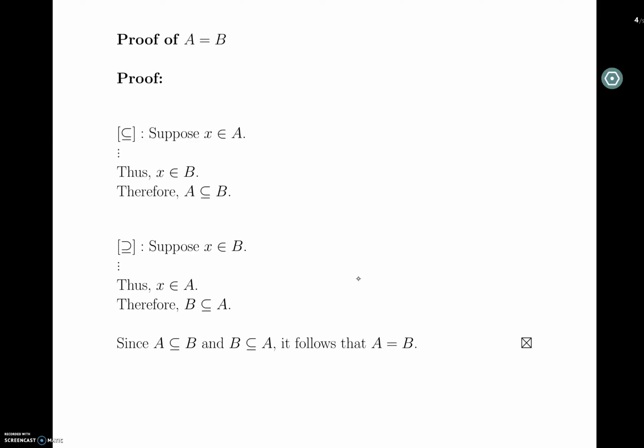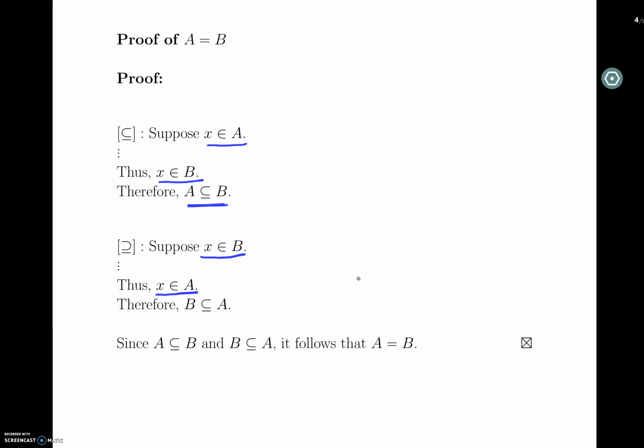We prove that A is a subset of B, and then we also prove that B is a subset of A. So here, in the outline of the proof, you see we want to conclude that A is a subset of B. So we choose an element in A and get that it's also in B. And then for the converse, we suppose X is an element of B, we conclude that it's an element of A, and therefore B has to be a subset of A. So once we have that A is a subset of B and B is a subset of A, we know that A and B are equal sets.